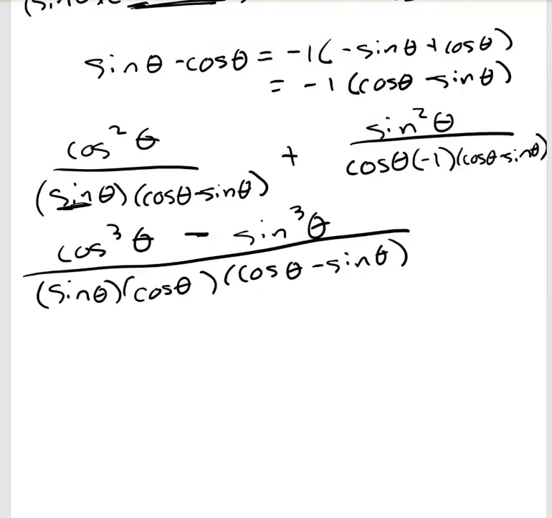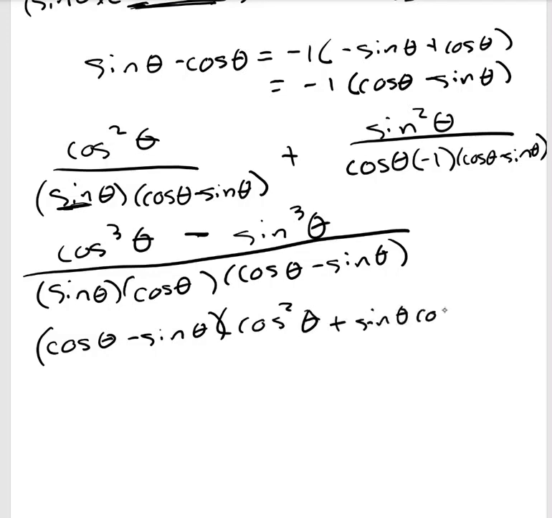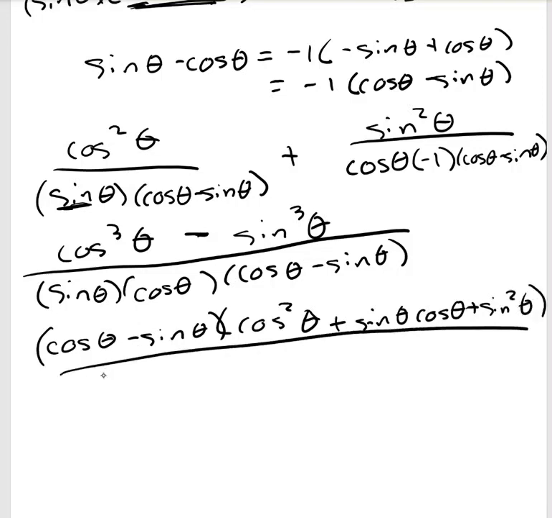Before we had the difference of squares, this time I have the difference of cubes. So this becomes cosine of theta minus sine of theta, and then I get cosine squared theta, plus sine theta cosine theta, and then plus sine squared theta, all over sine theta cosine theta, cosine theta minus sine theta.